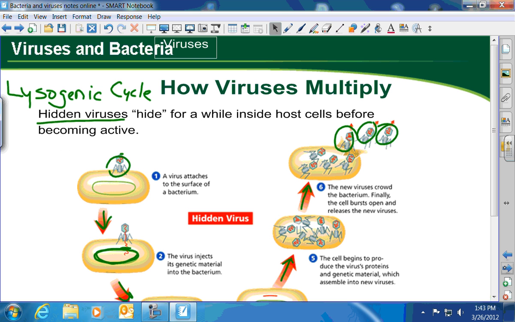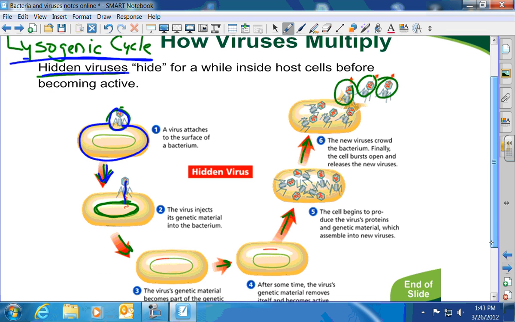Okay, the hidden virus, which is also called the lysogenic cycle. This is a hidden virus. All right, so the same little bacteriophage comes in and attaches itself to the bacterium. It injects its DNA into the bacterium.